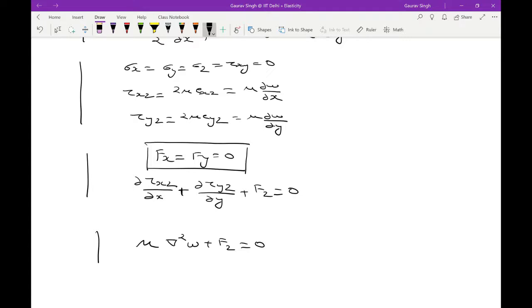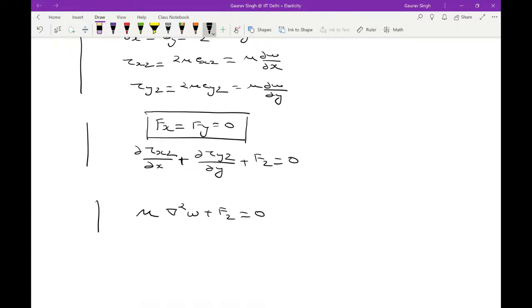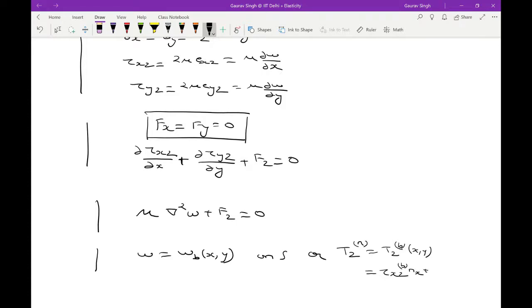Just like many other cases which we have seen, the boundary conditions also can be written that w is equal to w_B(x,y) on S, or in the traction form, which would mean that T_z of n is equal to T_z of B(x,y) is equal to tau_xz n_x plus tau_yz n_y.